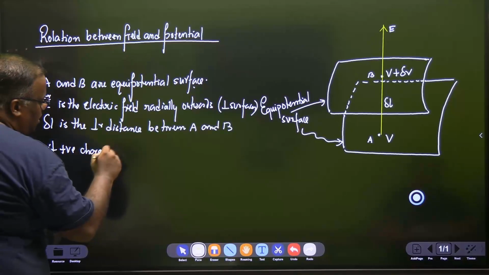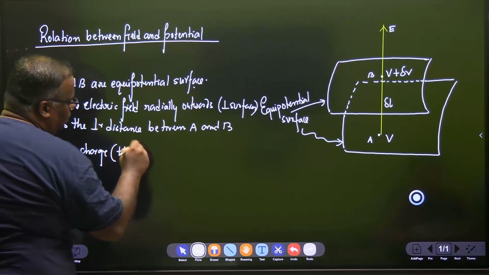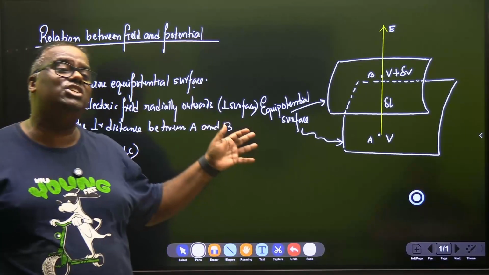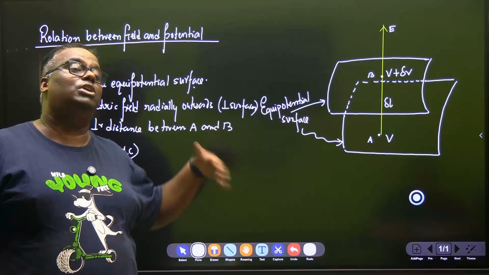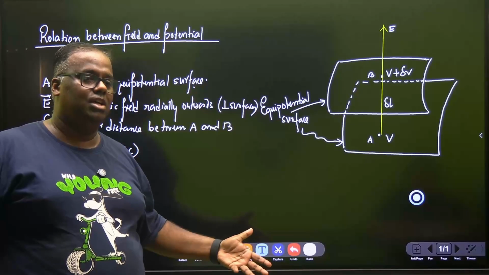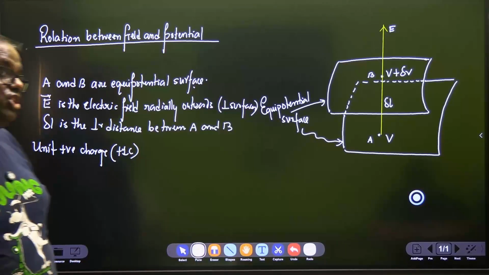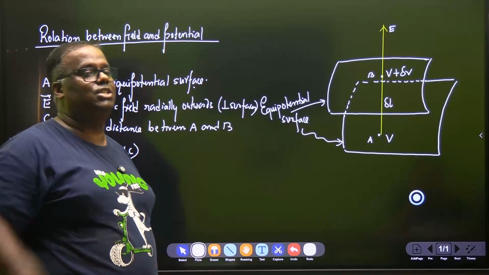What do you understand by unit positive charge? Plus 1 coulomb. Whenever we take unit positive charge, we'll always talk about potential, because potential is potential energy per unit charge, work done per unit charge. But whenever we define potential energy, we will always take test charge.